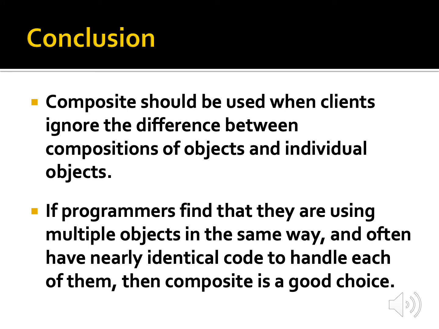Using the composite pattern, we are treating them uniformly, as homogeneous objects, regardless of whether they are primitive or composite. If programmers find that they are using multiple objects in the same way and often have nearly identical code to handle each of them, then composite is a good choice.